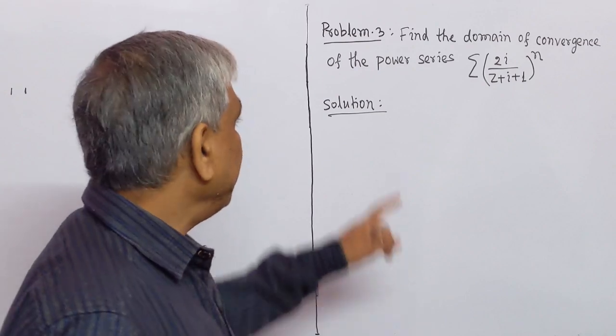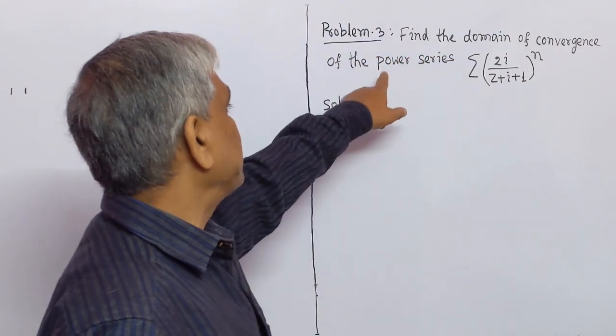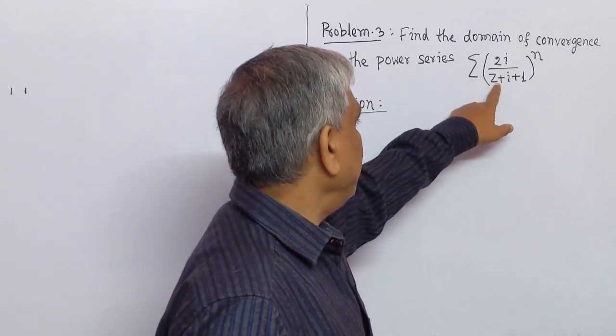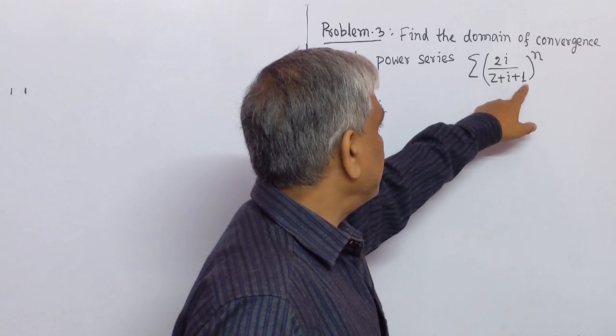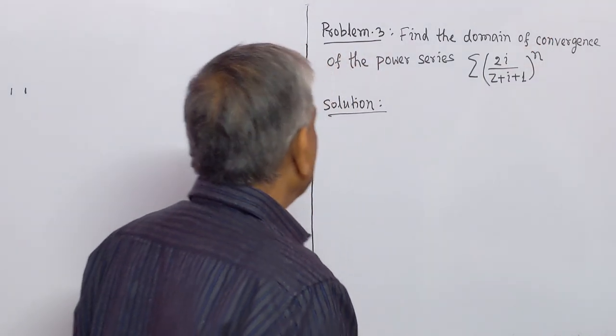Now we solve the next problem. Problem is: find the domain of convergence of the power series sigma of [2i by (z + i + 1)] whole to the power n. Now we solve this.